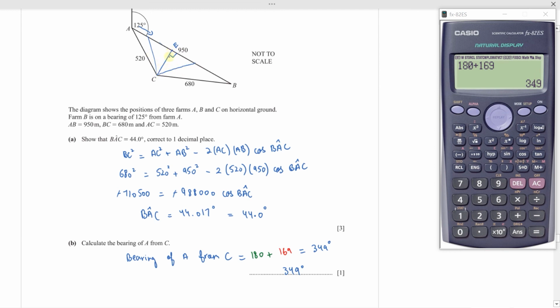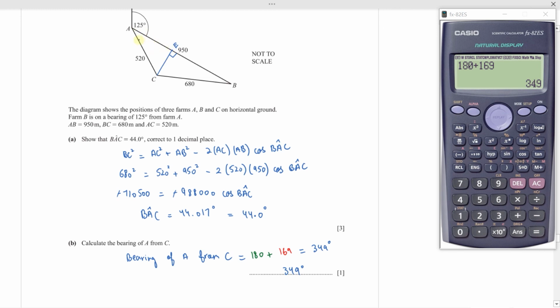This is the shortest possible distance of point C from this line AB. So I mark this point as point E. So now you need to find how much time Amira takes to travel from A up till this point E, which is the shortest distance from C.